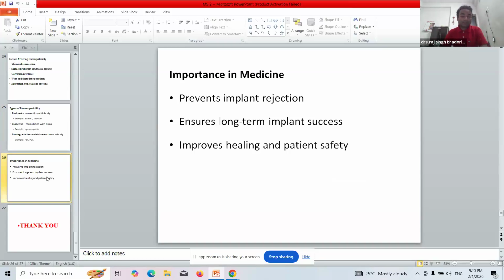Now, where is homeopathy? Definitely homeopathy is a very important part for dynamization, in terms of potentization, in terms of nanomedicine, in terms of smart material.